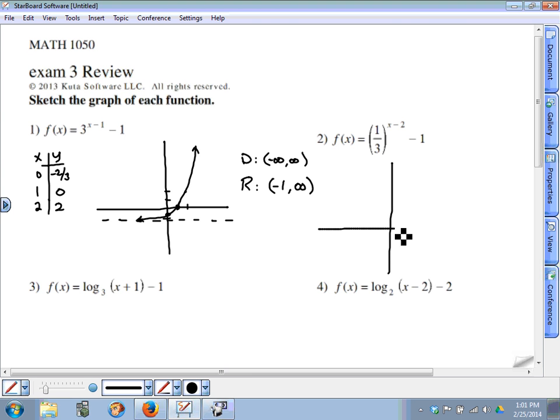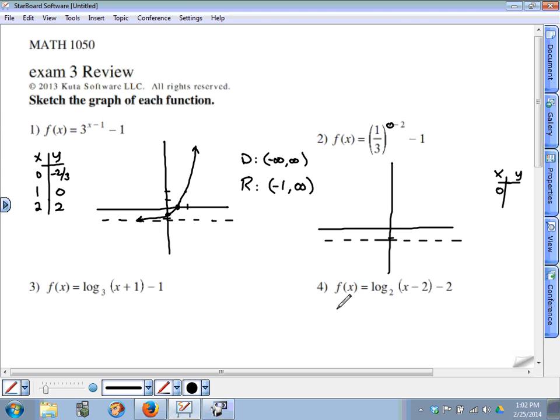Same 3 steps. Locate the horizontal asymptote, locate the y-intercept, and then find a couple other points. Same thing, we have a vertical translation here, down 1 unit, so the horizontal asymptote is located at -1. The y-intercept is found by letting x equal 0.